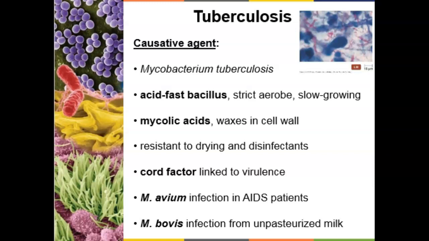And then there is Mycobacterium bovis. As you can hopefully pull from that name, it comes from cows or cattle. And Mycobacterium bovis can cause infection from unpasteurized milk. And it can also cause disease in cattle workers.